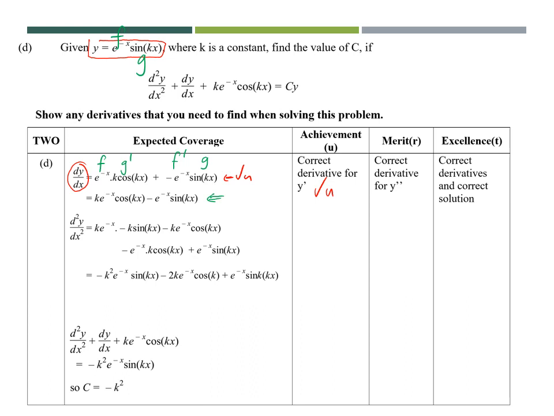Because I need my second derivative here, I'm going to differentiate this function. Again, it's just a combination of 2 product rules. Here is one product with f and g, and here is my second product, f and g. So again, with 2 lines, you can see there's my first product rule and here is my second product rule.